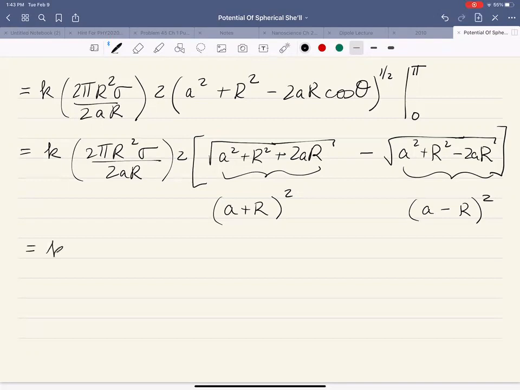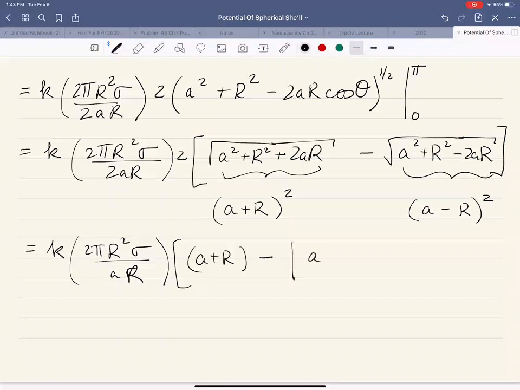So I'm going to at least cancel this 2 here, like that. And what I end up with then is a plus R minus the absolute value of a minus R. And that's my potential.